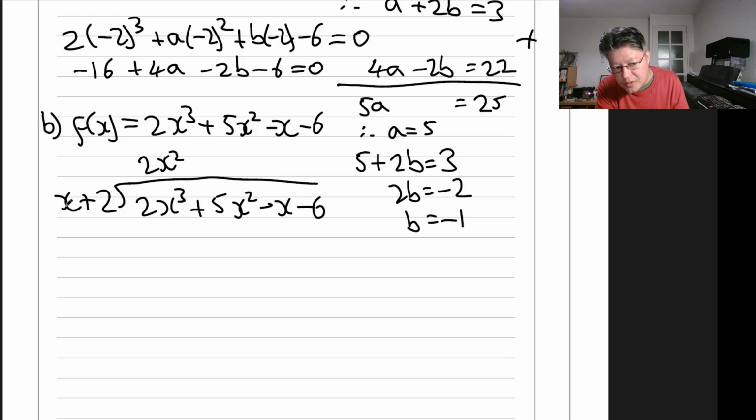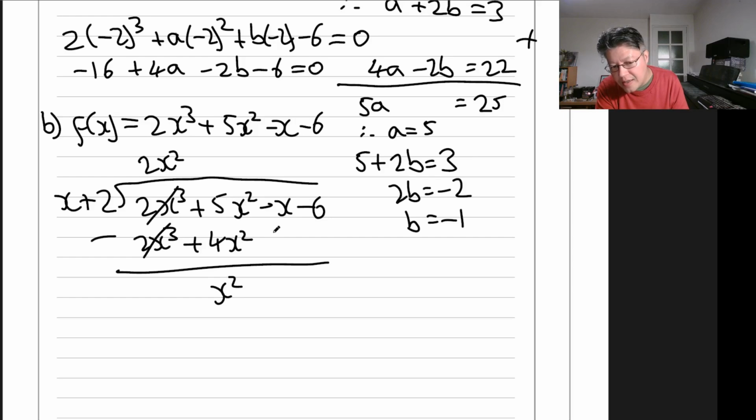So 2x squared times x is 2x cubed, plus 2x squared times 2 is 4x squared. And now we do subtraction. So these cancel. 5x squared minus 4x squared is x squared, and then we can copy the remaining bits, so minus x minus 6, and then we repeat the process.